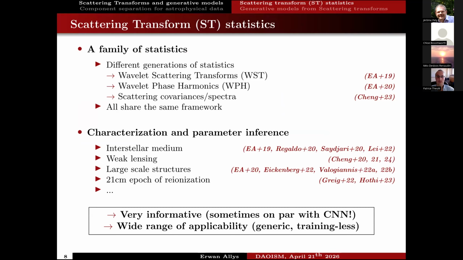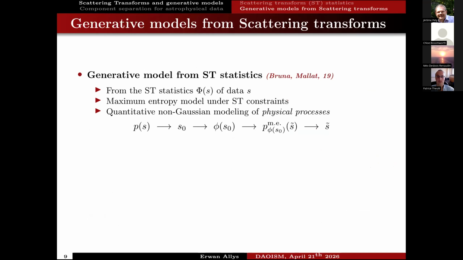The only thing that I want to say is that what has been extremely impressive is that some scattering transform statistics, which have been introduced, for instance, for the interstellar medium, have been applied to weak lensing, for images that look completely different, and still we were able to get state of the art without any modification, any tuning, which is a strong demonstration of the fact that these statistics are quite agnostic of the kind of process you try to model. And indeed, it's quite general, the kind of information that you get. It's just the interaction between different band passes in your process, okay?